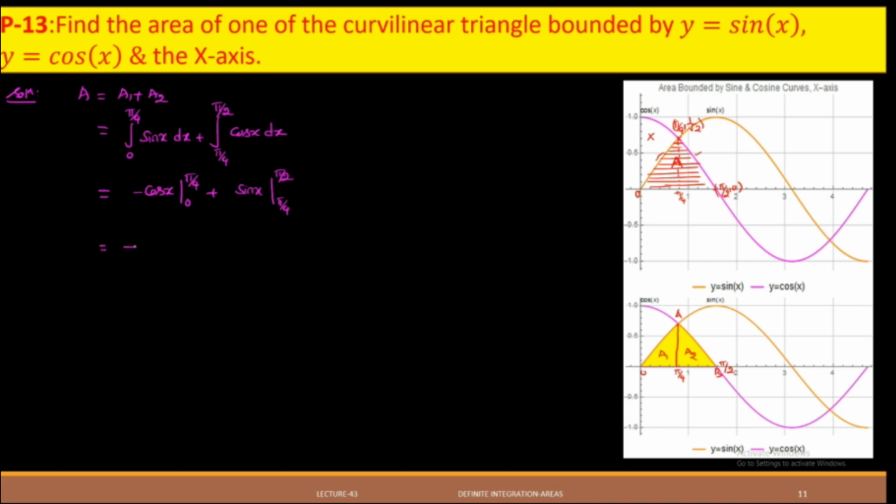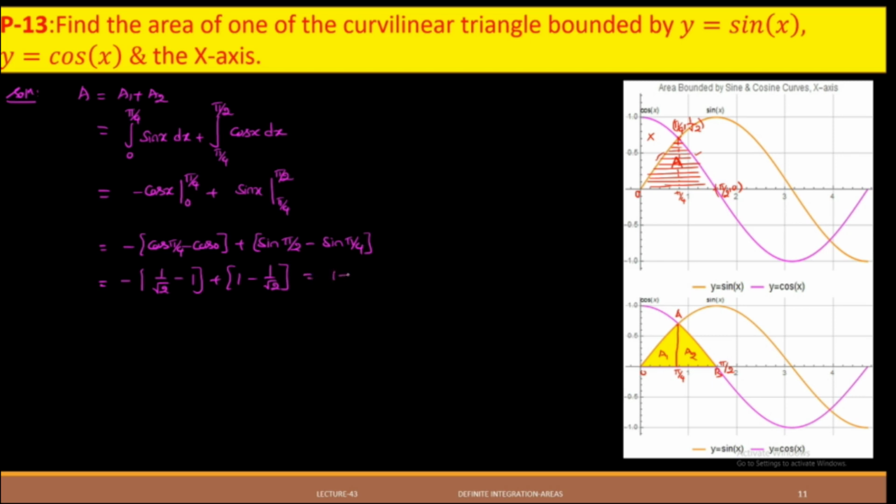So that is equal to minus cos pi by 4 minus cos 0 plus sin pi by 2 minus sin pi by 4. If you write down these values, this is minus 1 by root 2 minus 1 plus 1 minus 1 by root 2.